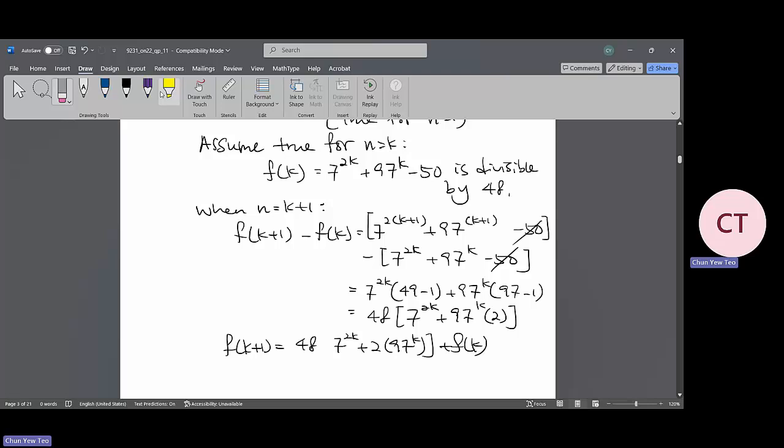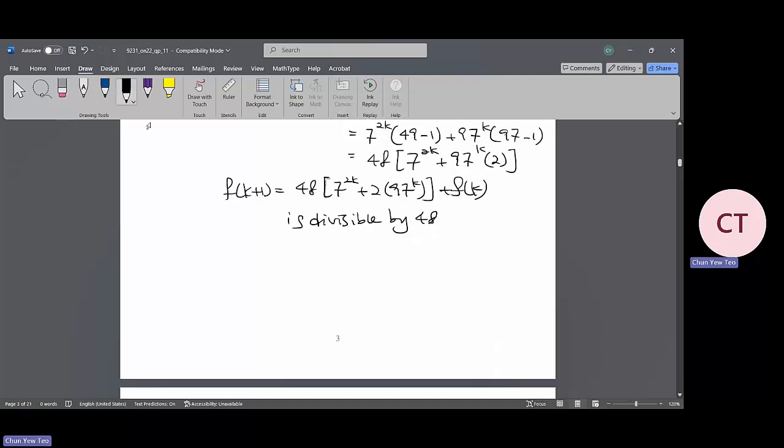Okay, so you can see that this is a multiple of 48, which means it's divisible by 48. This one, in the second statement, we already know that f(k) is divisible by 48. So for this reason, you can just say that f(k+1) is divisible by 48. So we have proven true for n equal to k plus 1.